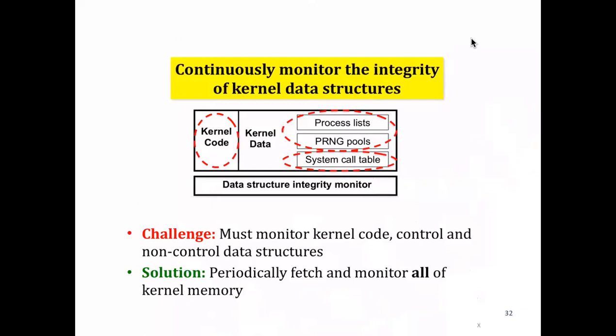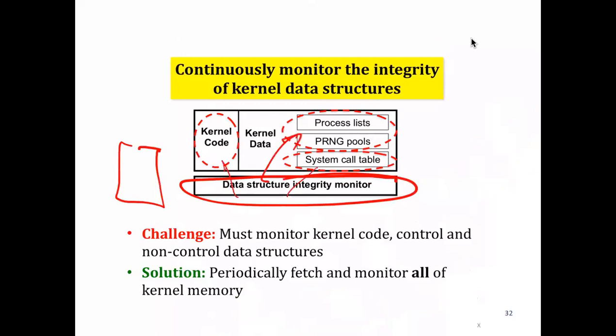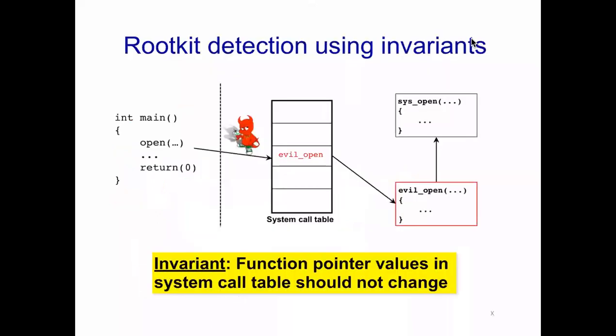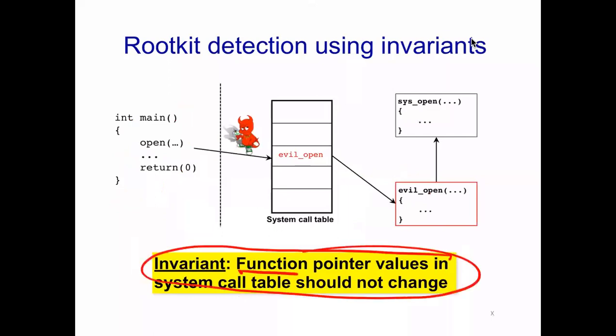Now, if we have a separate system like this, it can continuously check the integrity. How can it check integrity? It should have the previous version stored and then monitor. It will look at the modified version, compare, and find out there is some change. For example, function pointer values in system calls.